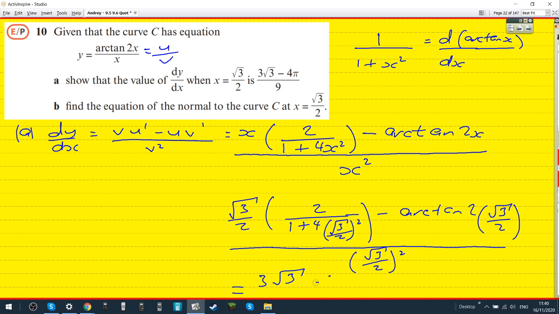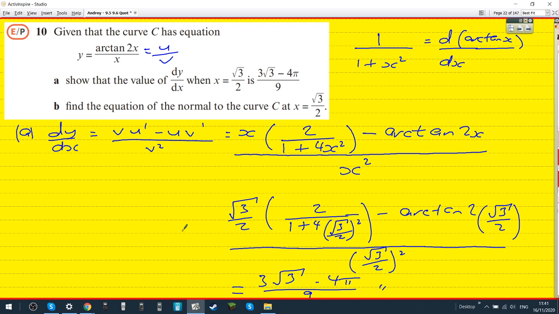I need to sub in root 3 over 2 into the y equals, that gets the y coordinate. Then sub in root 3 over 2 into the x coordinate, then sub the gradient into the m, and then just do plus c and solve for c.